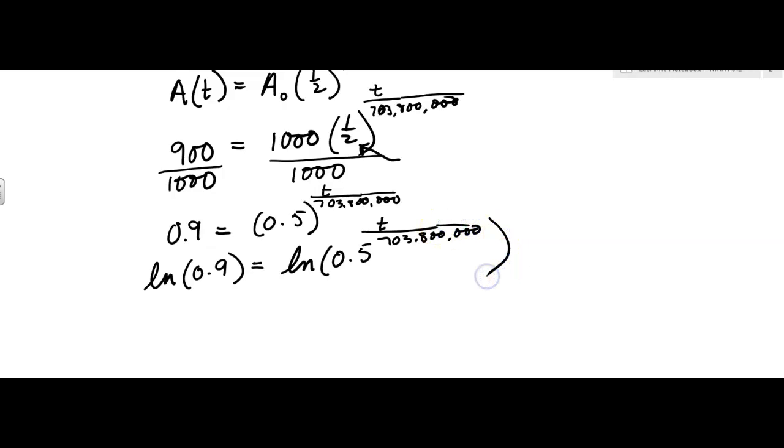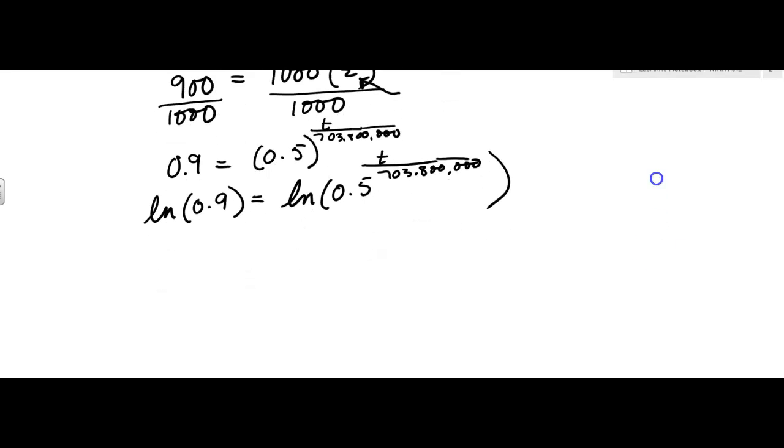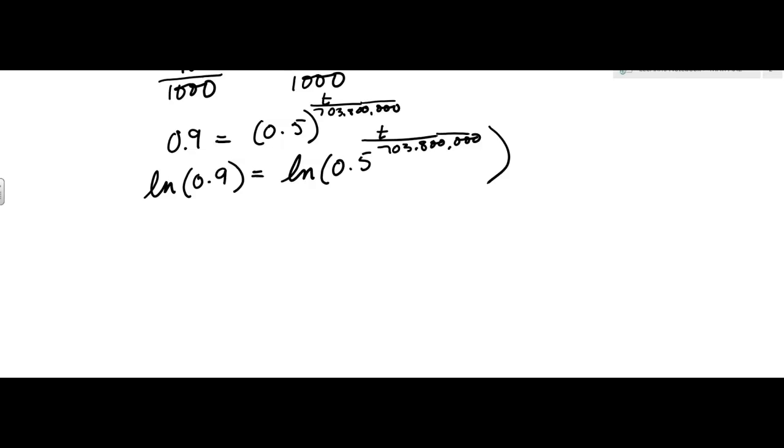In the past, when we took natural log of both sides, we were often able to just go with the exponent because it matched. This time it doesn't. This is not an e base. It's 0.5. So we don't get to do that part.